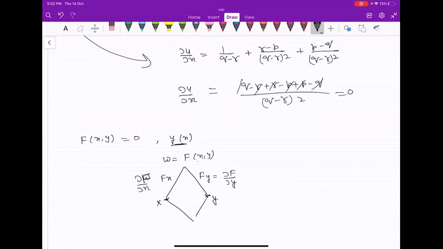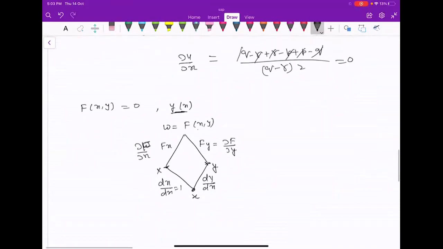So when we are differentiating x with respect to x only, it is coming out to be dx over dx, which is 1, and dy dx we are getting. y and x are associated with x only. Okay, so we can compute dw dx.